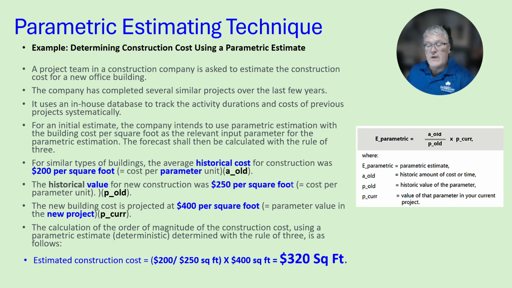Okay, so we have the estimated construction cost for this project: 200 using old historic costs, 250 for the historical value of the cost, and then it's estimated $400 per square foot for this new project. So using parametric, it's decided that 320 per square foot is the best parameter to use.